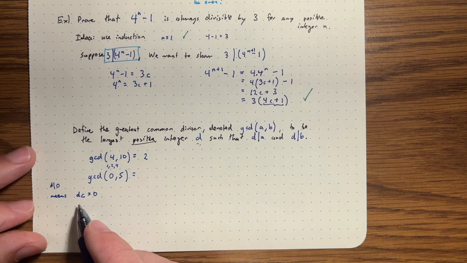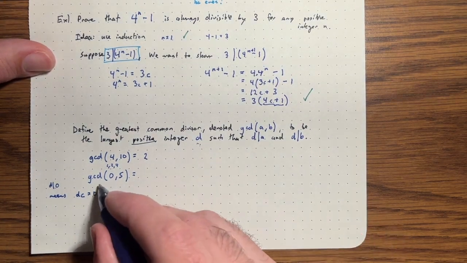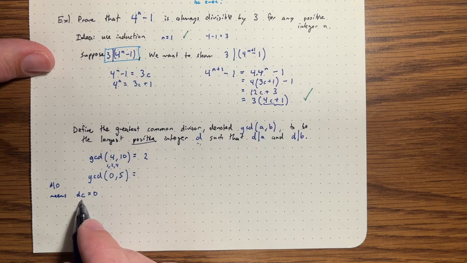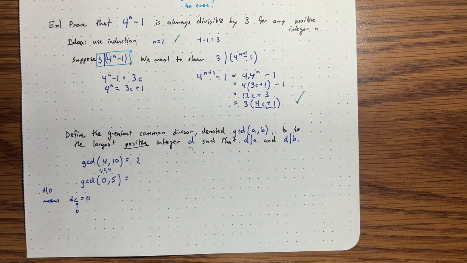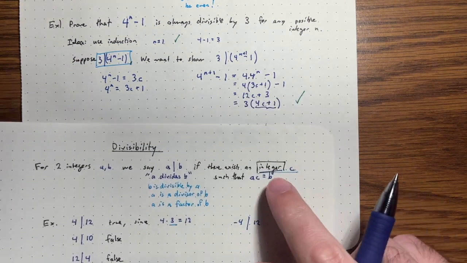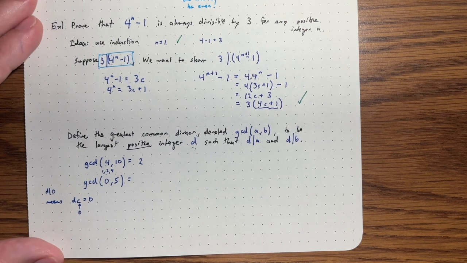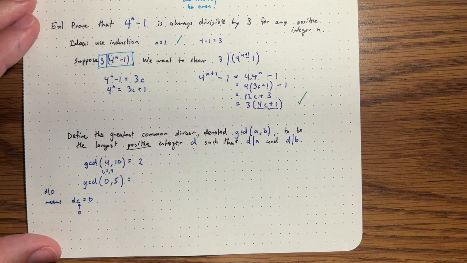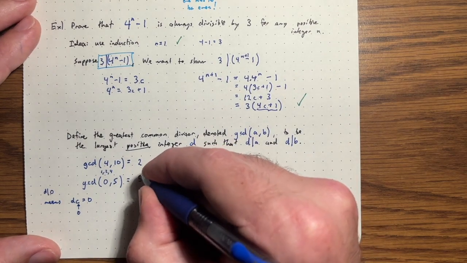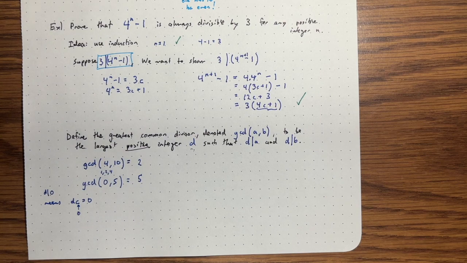Sounds like d can be pretty much anything, right? So anything divides 0. Why can d be anything? Because I can pick my c to be 0. All I need is there exists an integer c such that dc equals 0. So what this means is I just take the largest divisor of the 5, which is 5. 5 divides 5 and 0. So that's the GCD.